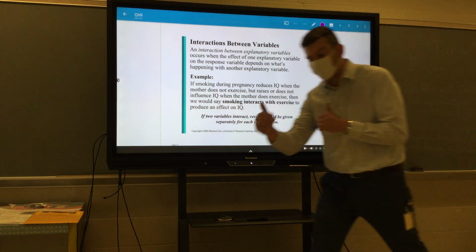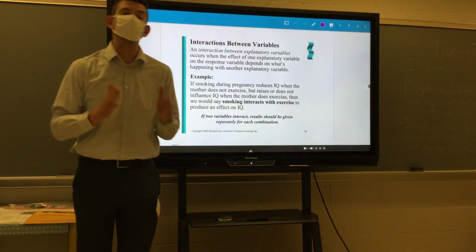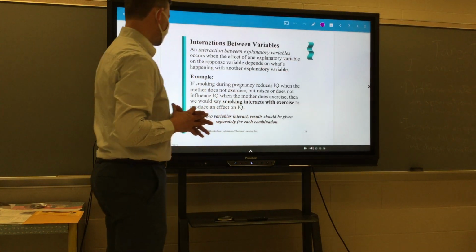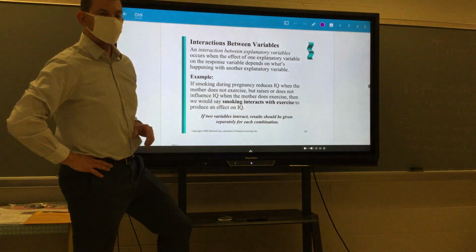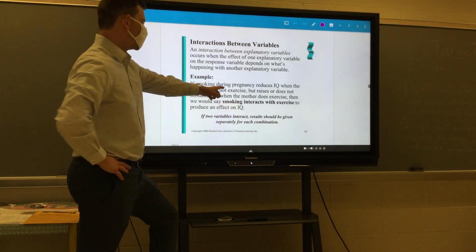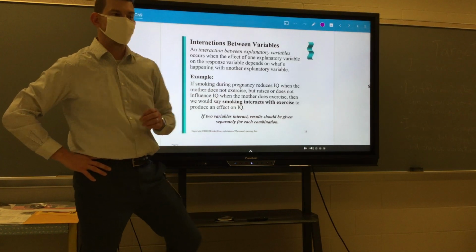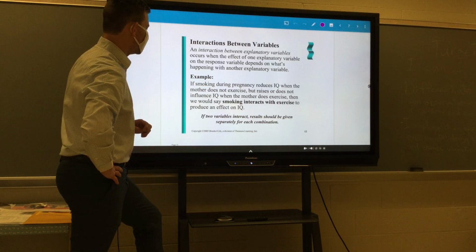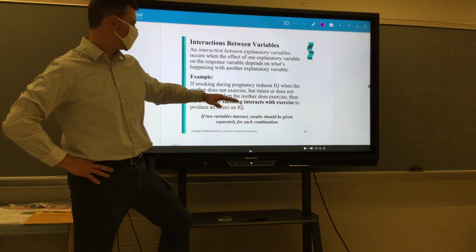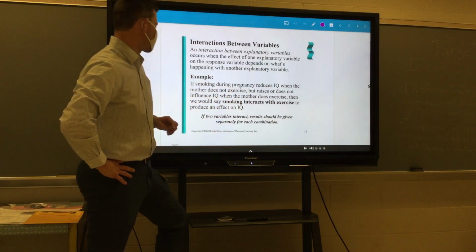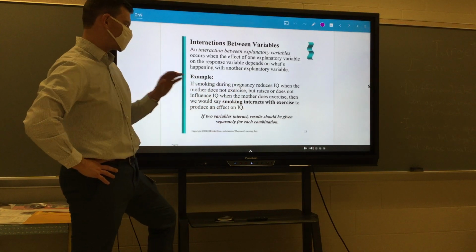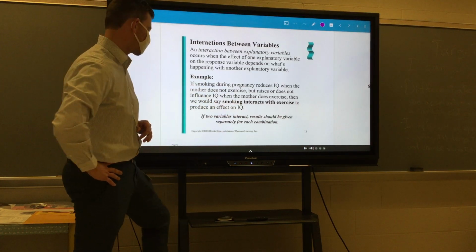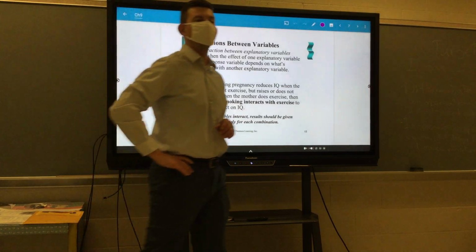You could have multiple explanatory variables, or this could also happen between an explanatory and a lurking variable. In this smoking during pregnancy study, we found exercise to be an interacting variable. If smoking during pregnancy reduces IQ when the mother does not exercise, but raises or does not influence IQ when the mother does exercise, we would say that smoking interacts with exercise to produce an effect on the IQ.